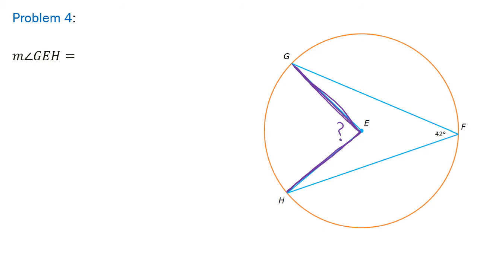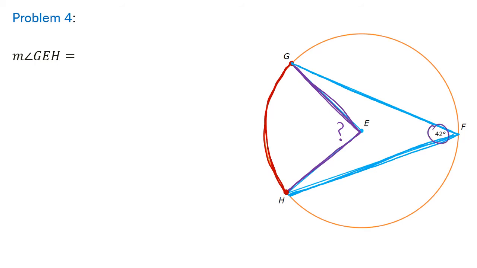But before we can do that, what we really need to find is this arc from G all the way to H. We actually need to find that first. Well, we have an inscribed angle starting at G, going all the way to F, and then back to H over there. That inscribed angle is 42.